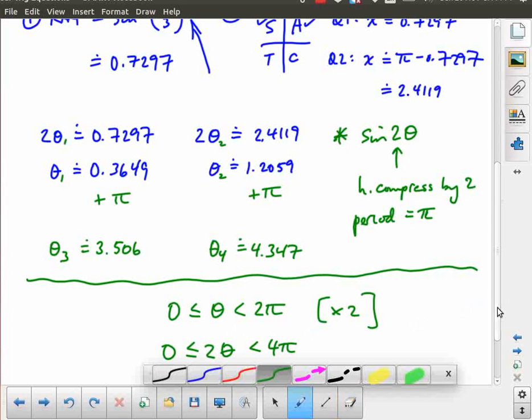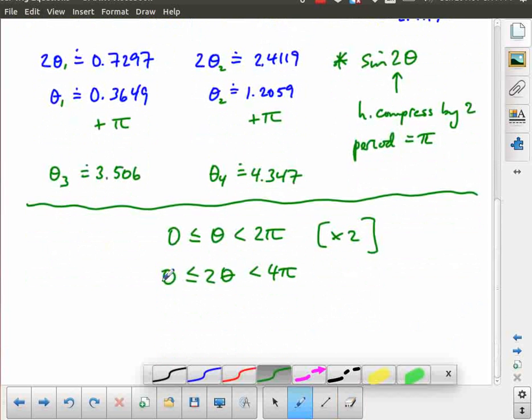Because the equation was written in terms of 2 theta, then you can see here from 0 to 4 pi is going to be my interval for 2 theta, which again tells me I'm going to have to fit in an extra period.